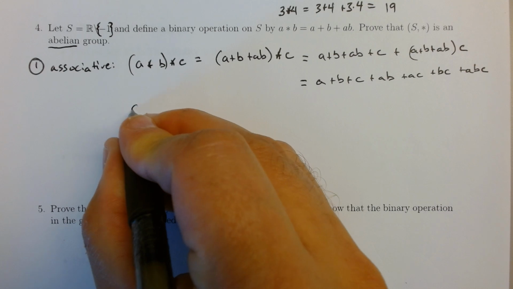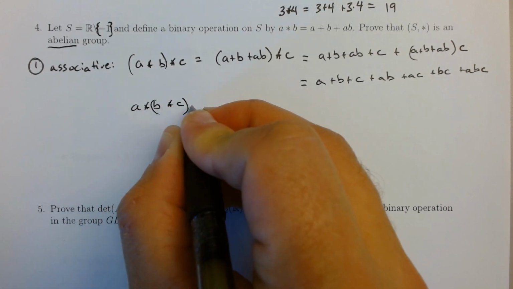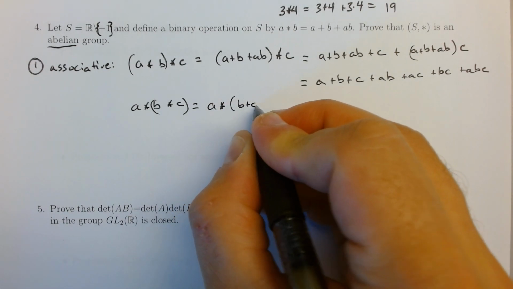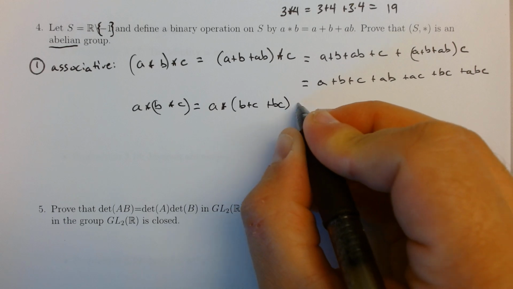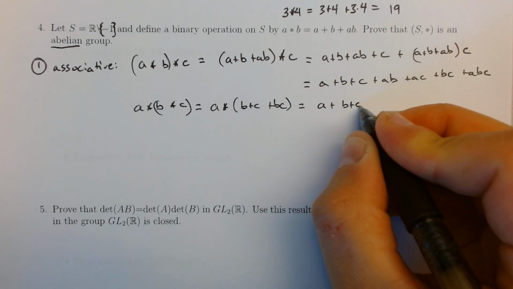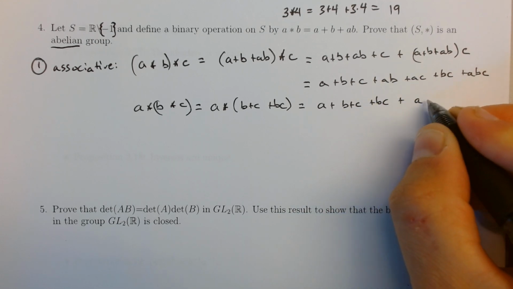Now let's look at the other way around. So if I do A star B star C, but do BC first, so that'll be A star, and then B plus C plus BC. And now, again, you add them together, and then add their product.